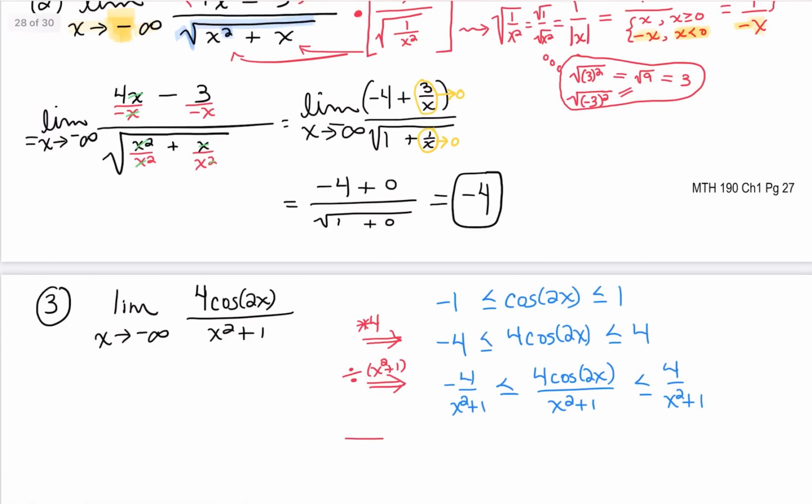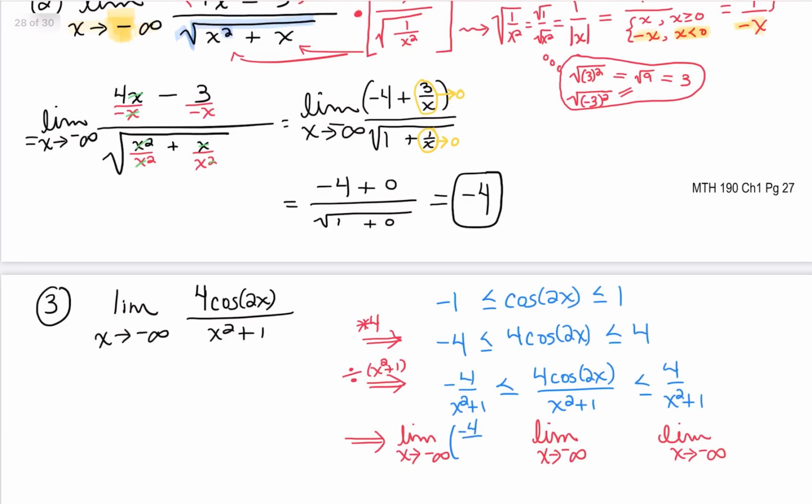So now we're going to take our limits. We have our function bound between a couple of other functions, and now we want to think about taking the limit. In this case, the desired limit is the limit as x goes to negative infinity of each of these components.